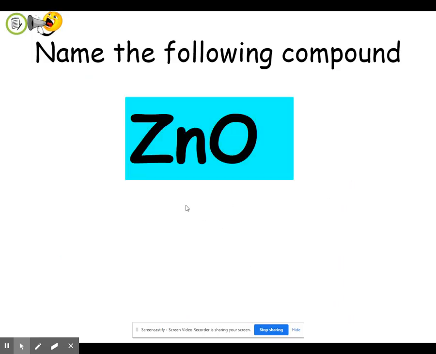Okay, try this one. Write this down. First, identify your elements, and then count your atoms. So we have a capital Z, lowercase n, so that's zinc. And then we have a capital O, that's oxygen. Is there a subscript? No, so it's 1 atom of zinc.